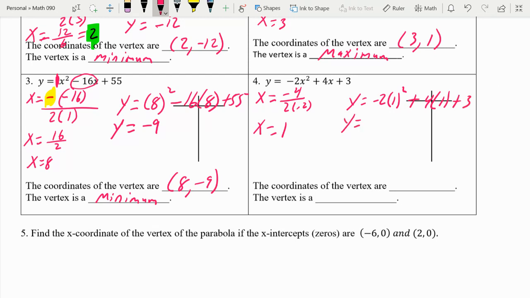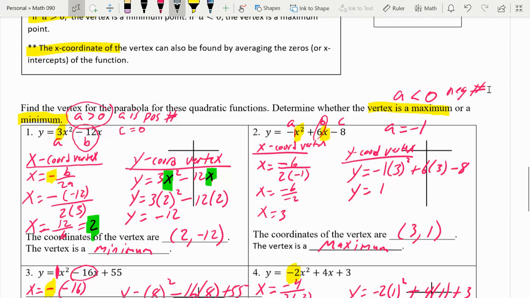All right, plugging in with your calculator. All right, A is positive. So again, I'm sorry, A is negative in this case. I'm looking at the wrong problem here. All right, A is negative. So we're going to end up with a maximum.